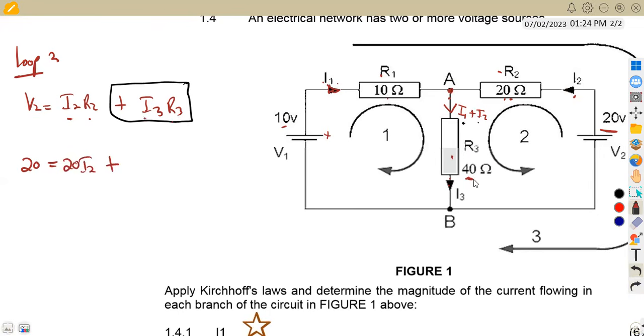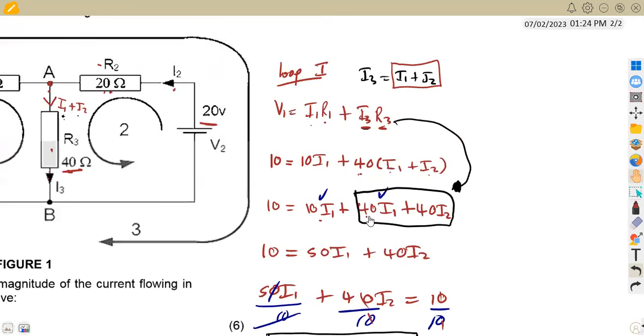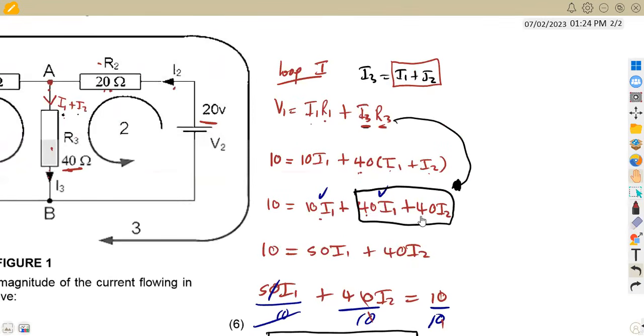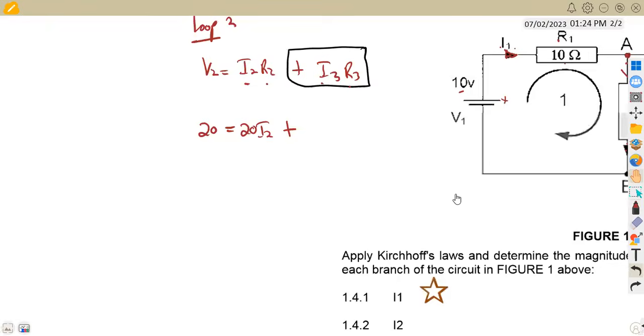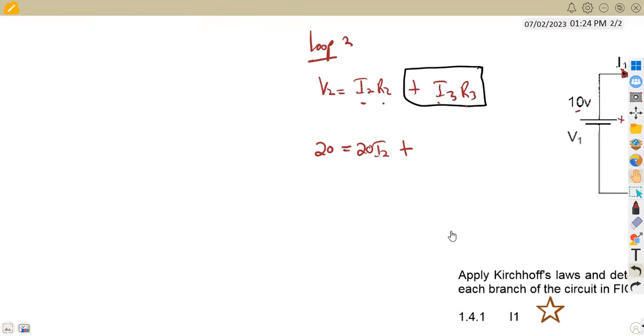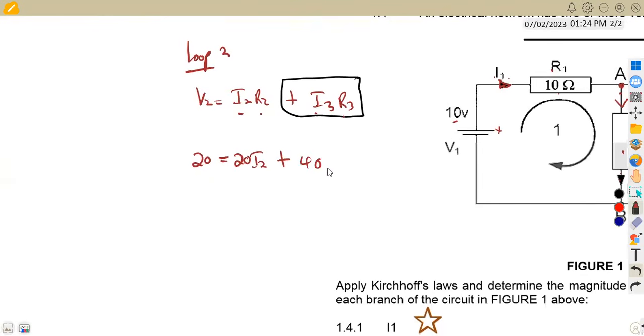You can substitute 40 into this. We are going to repeat the same stages that we did before. You just substitute this part, 40 I1 plus 40 I2.